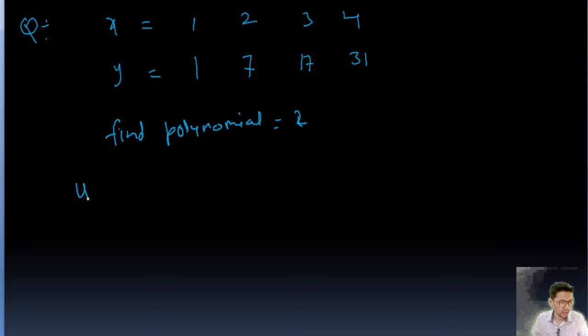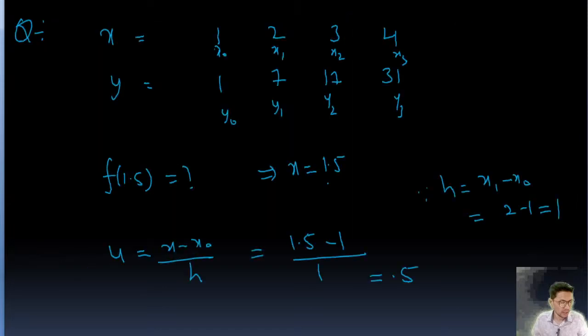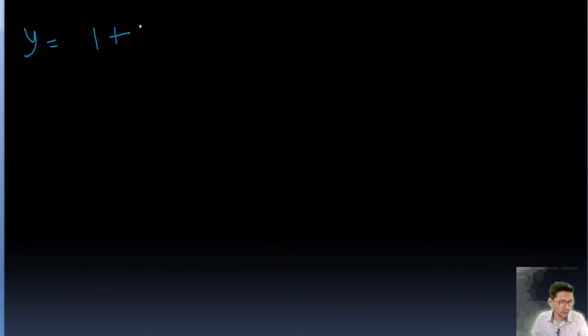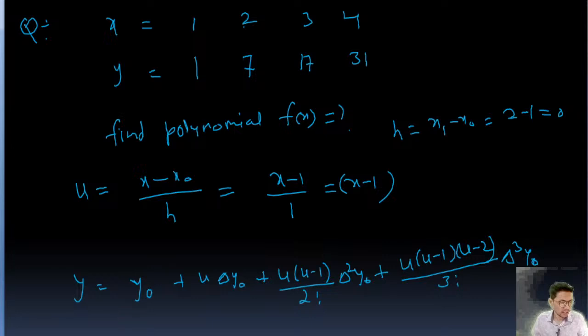We will first find u, which is going to be x minus x naught upon h. Here I'll show you, that is u, and so on with the delta terms.